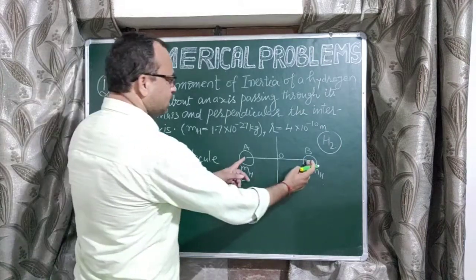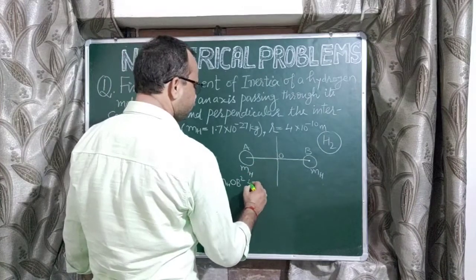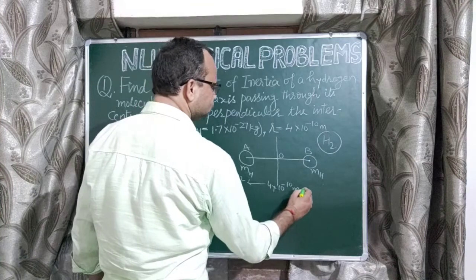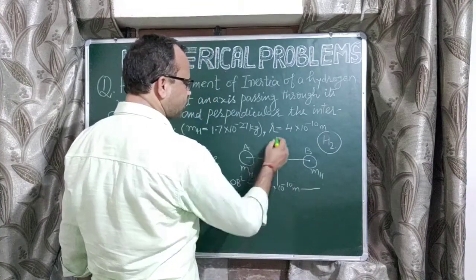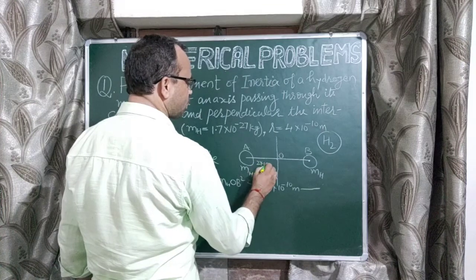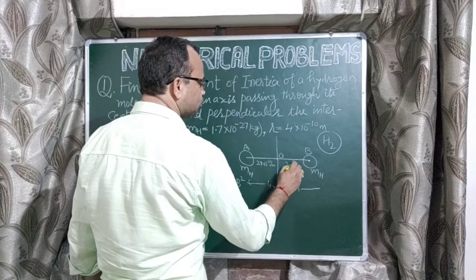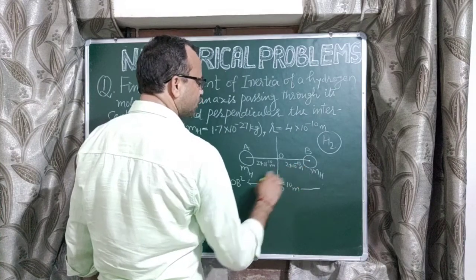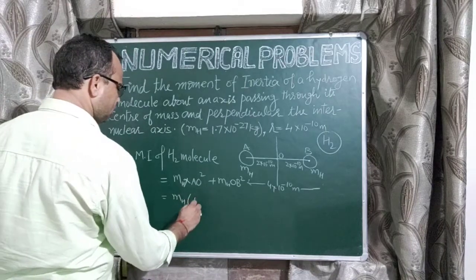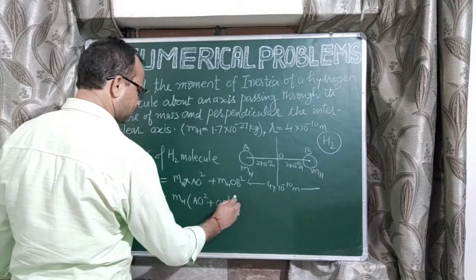Here the distance between the two atoms is given, which is 4 into 10 to the power minus 10 meter. The axis passes through the exact midpoint, so this distance is equal to 2 into 10 to the power minus 10 meter, and this distance is also equal to 2 into 10 to the power minus 10 meter. So mh is taken common, AO square plus OB square.